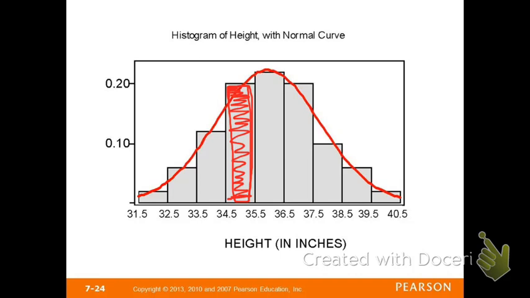If you look closely, if I shade in under the curve, you're also getting a little bit of area there too. If I shade the area under the curve now in green, the area under the curve from 34.5 to 35.5 is very close to the area of the rectangle from those bounds. So what we're getting at is the smooth continuous curve is a good approximation.